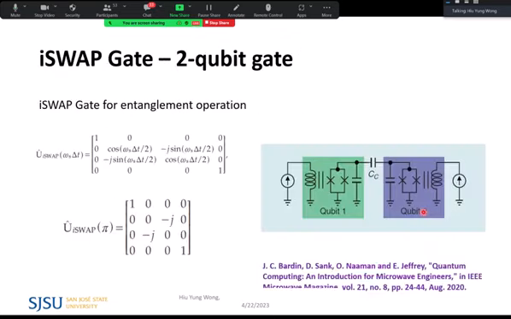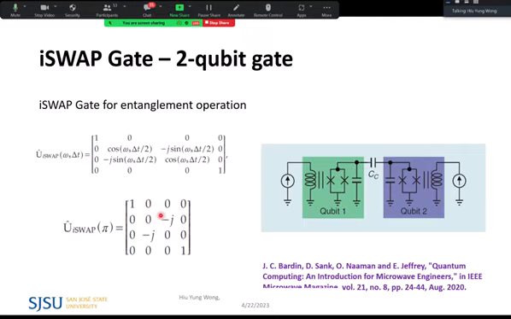Finally, I will talk about the 2 qubit gates. I cannot go too deep, but basically, for example, we talk about the CNOT gate, right? But it's not just the CNOT gate that is useful. You can also use iSWAP gates. This is the iSWAP gate, and it is also an entanglement gate. So you can transform the CNOT gate or other operations to use the iSWAP gate.